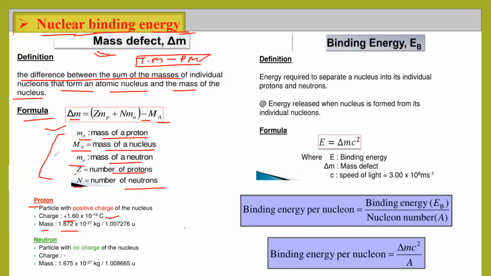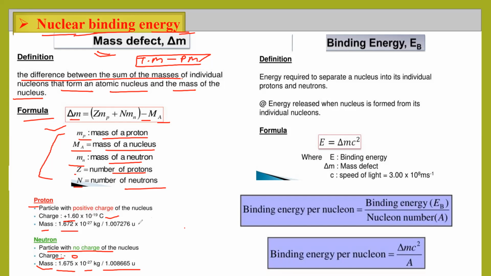And we know about the neutron, that neutrons are particles of the nucleus with no charge, so its charge is 0. And what is the mass of a neutron? Neutron mass is 1.67 into 10 to the power minus 27 kilogram, and in u it is 1.008665.